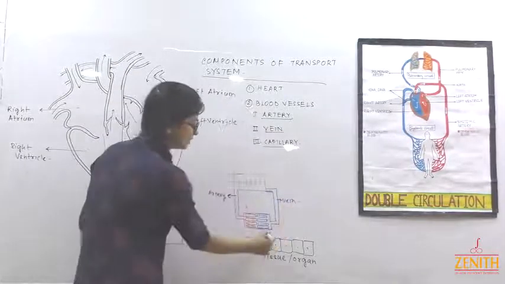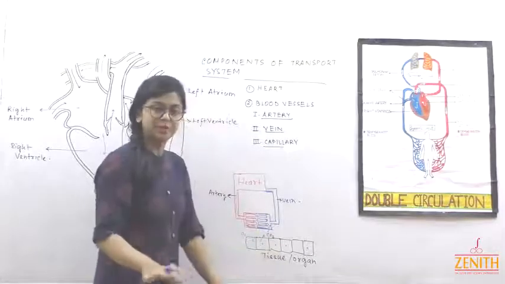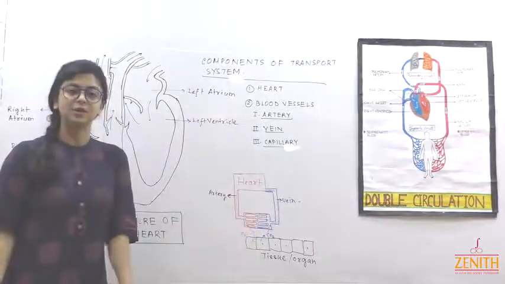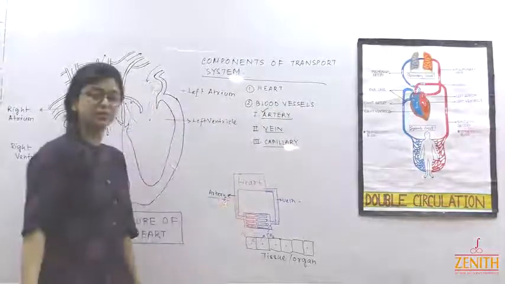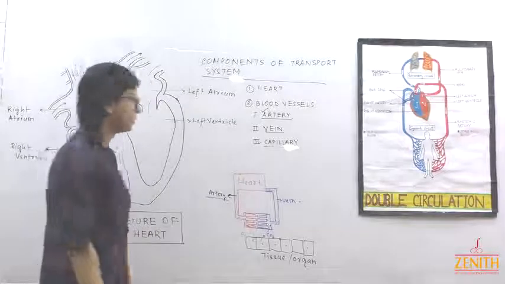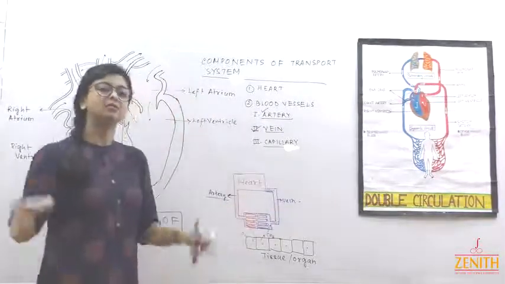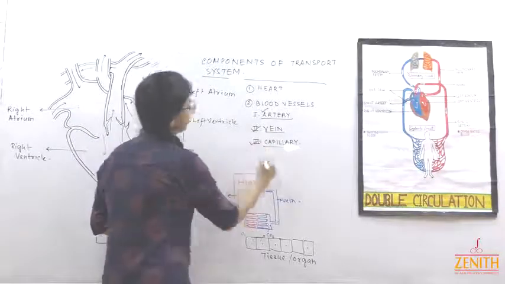Look what happens: the CO2 that the tissue was producing enters the capillaries, passes through the vein and ultimately reaches the heart. So we got the artery, which transports the blood from the heart to the different portions of our body. We got the vein, which carries the blood from the different organs back to the heart. Then what about the capillary?